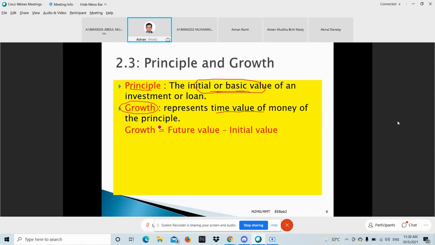Maybe from the 30,000 we have to pay 35,000, for example. So the growth will be 35,000 minus 30K. This is just an example. So the growth will be 5K.